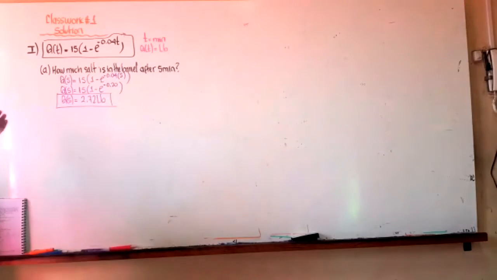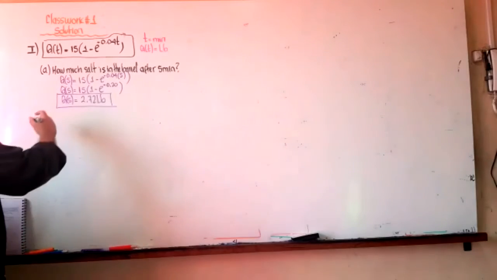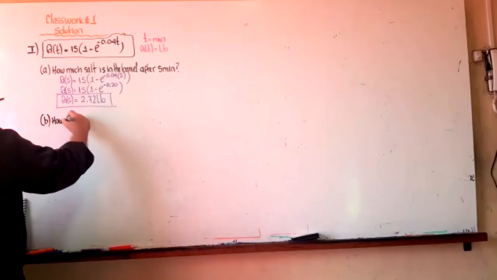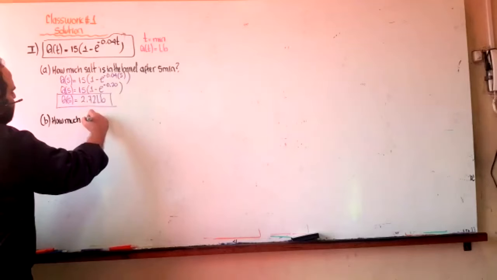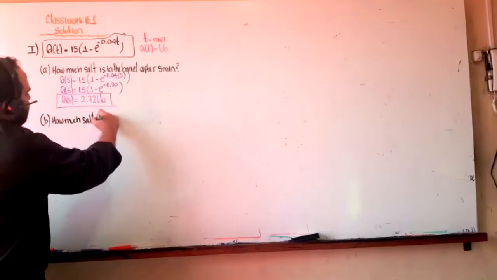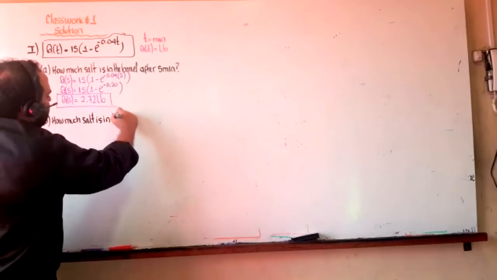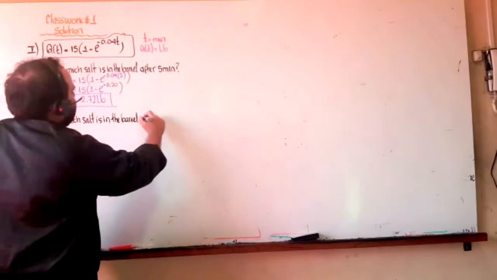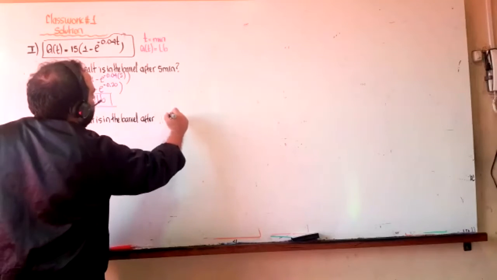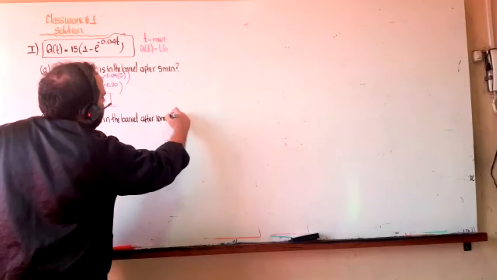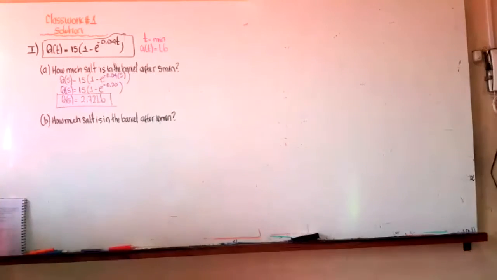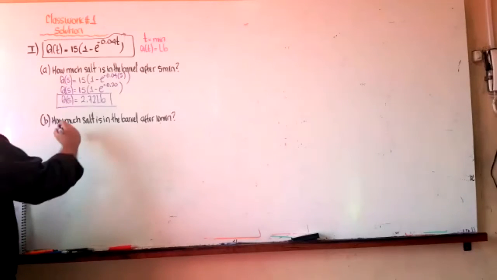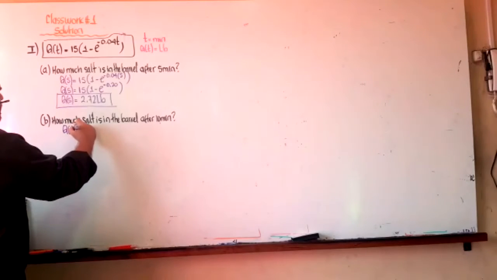In the second one, practically it is the same, because letter B asks how much salt is in the barrel after 10 minutes. So let's do it again. The same model, but instead of 5 it will be 10.